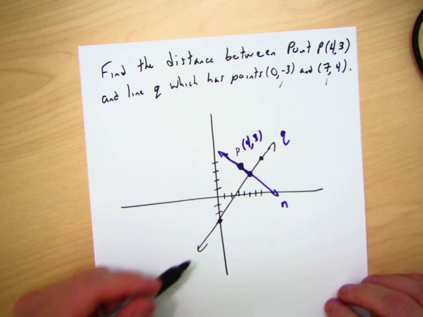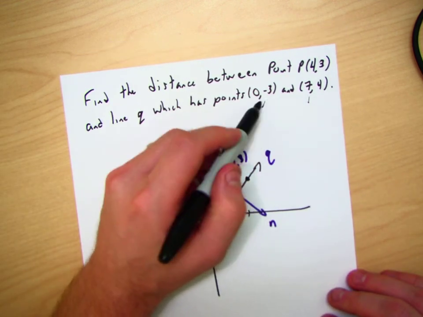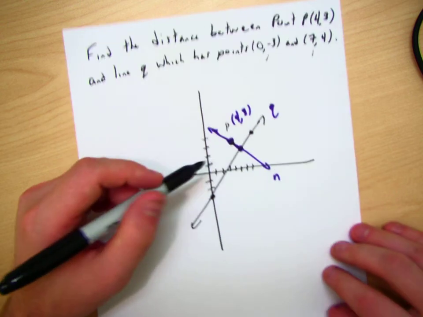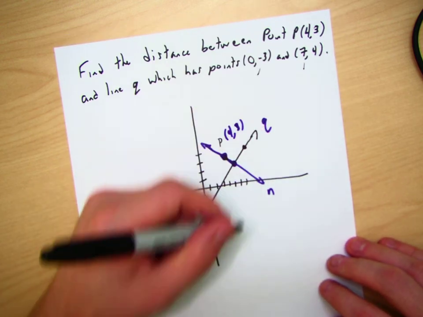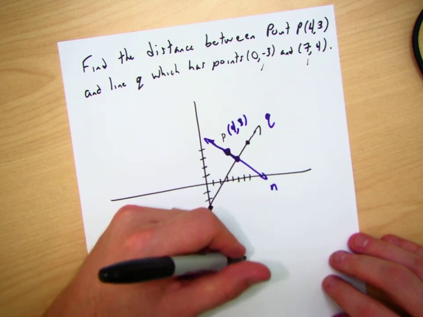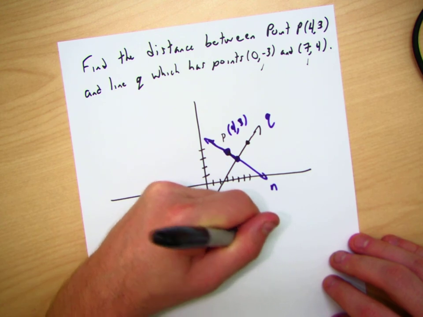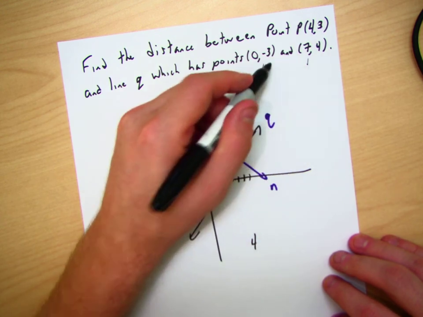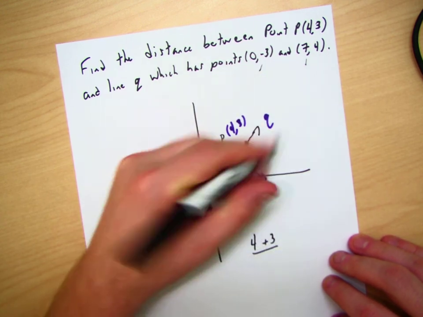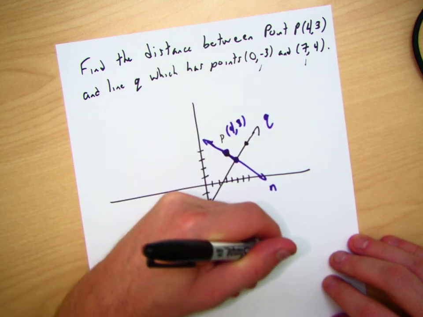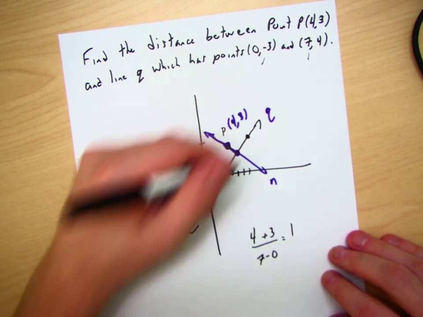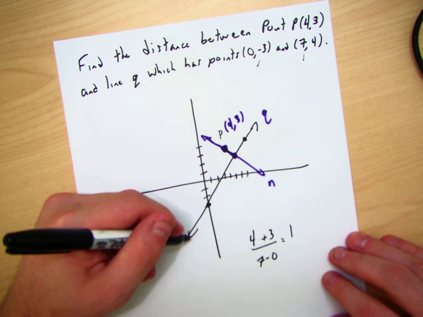Now in order to get that, first I have to find the slope of this line. The slope is going to be equal to 4 plus 3, all over 7 minus 0, in which case you get 1. The slope of this line is 1.